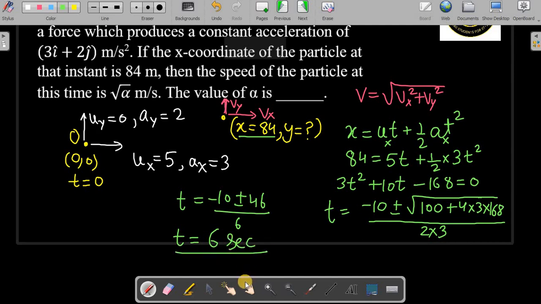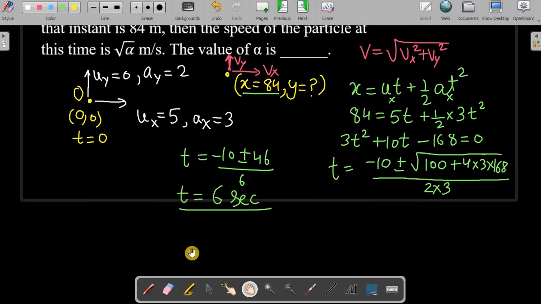Once you get this 6 seconds, then you can calculate velocity along x-axis and velocity along y-axis. What is velocity along x-axis? u plus at. Initial velocity is 5 plus acceleration along x-axis is 3, the t is 6. 6 into 3, 18. 18 plus 5 will be 23 meter per second.